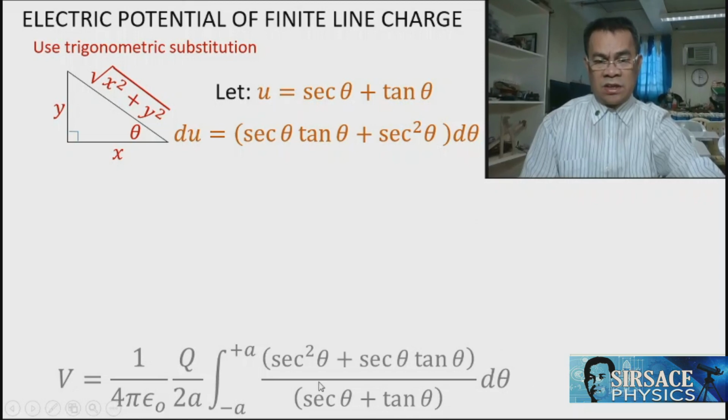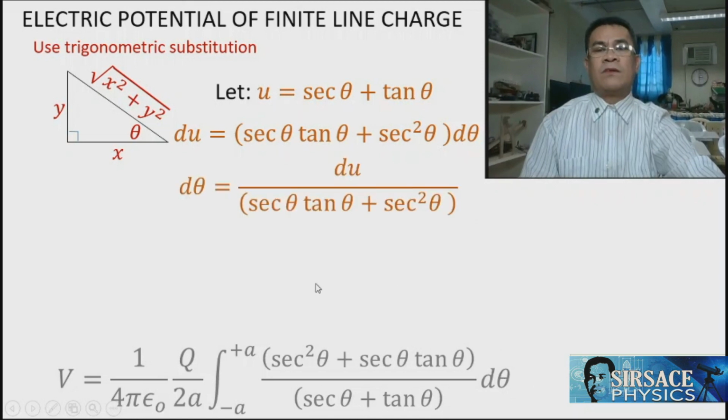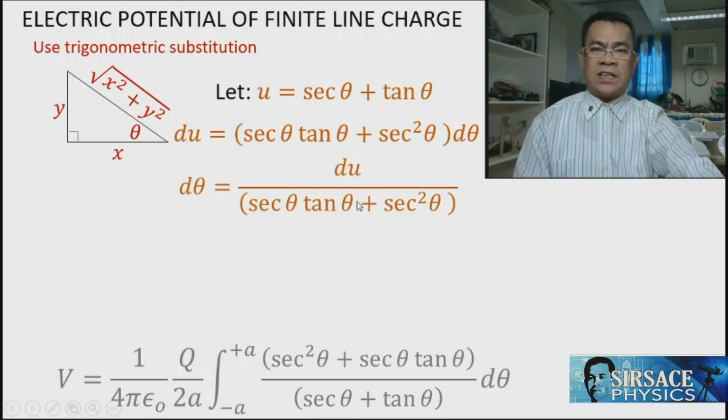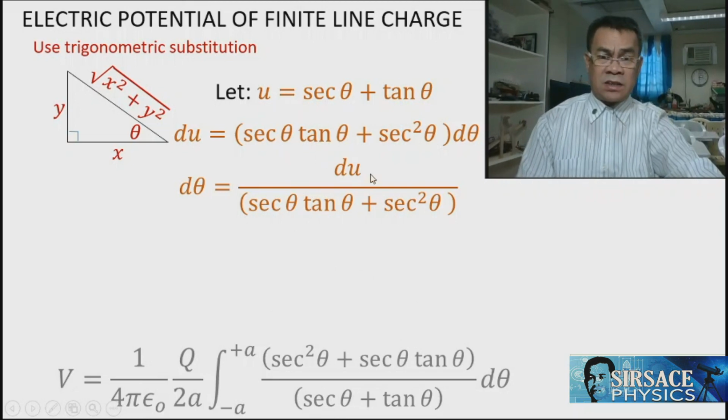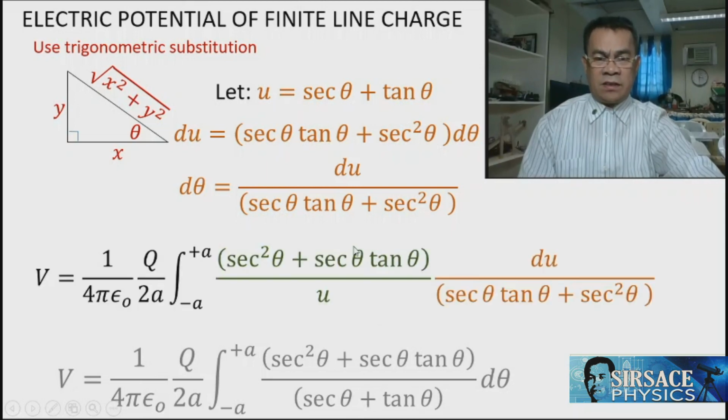And that d theta will be replaced here, and this one, take note, is u. So solving for d theta, divide by this result. So du over secant theta tangent theta plus secant squared theta is our d theta.